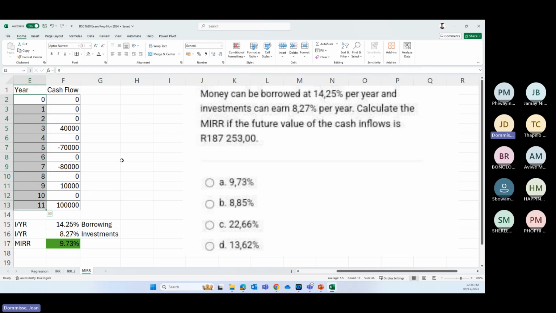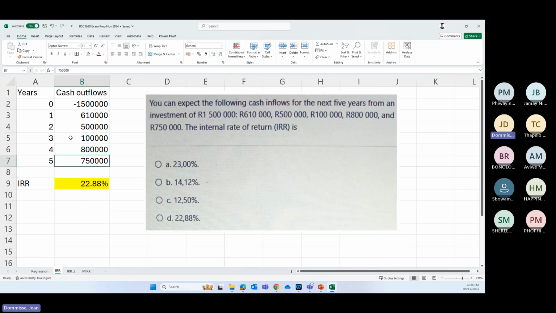So perfect, you can use Excel, but just please keep that in mind, that when you want to use it, Excel is not clever enough to pick up that it is over an 11-year time frame. And that's why you will see a lot of these questions about MIRR, even sometimes the internal rate of return.